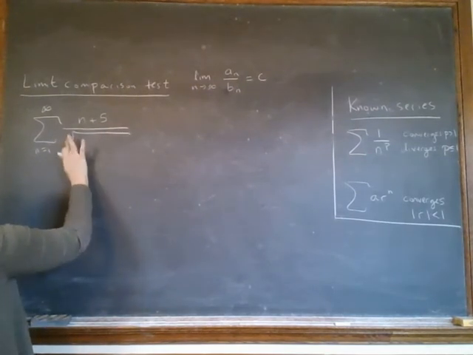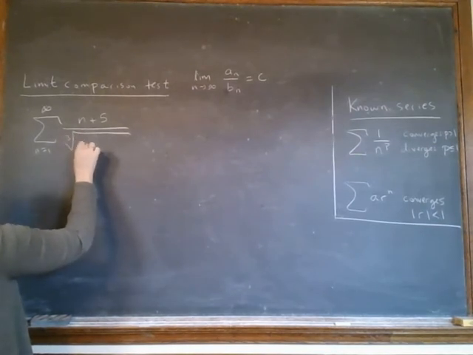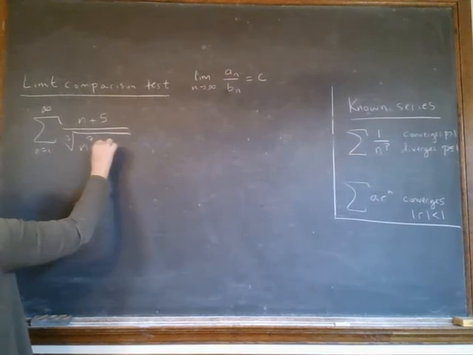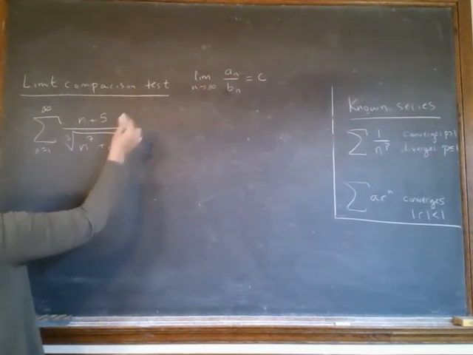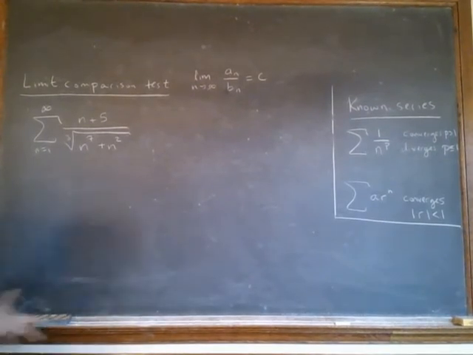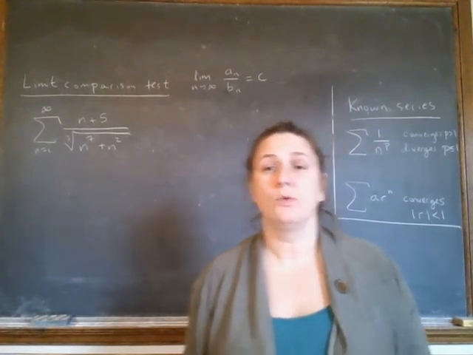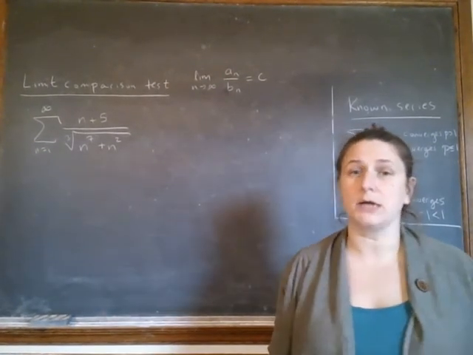So this is actually a cube root. Cube root of n to the 7th plus n squared. All right. So we can proceed in the same sort of way. What are we going to compare it to? We're going to compare it to the highest terms.